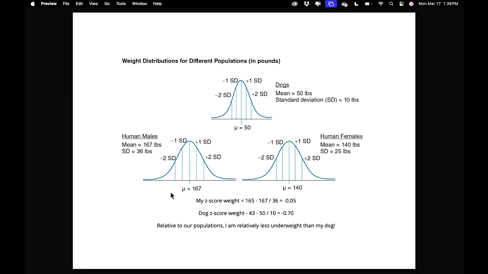Now, I gave you an example here: we have the standard scores for dogs' weight, and we have human males and females in terms of standard scores. I can compare based on my placement in my own standard method. As a human male, how far am I from being normal?